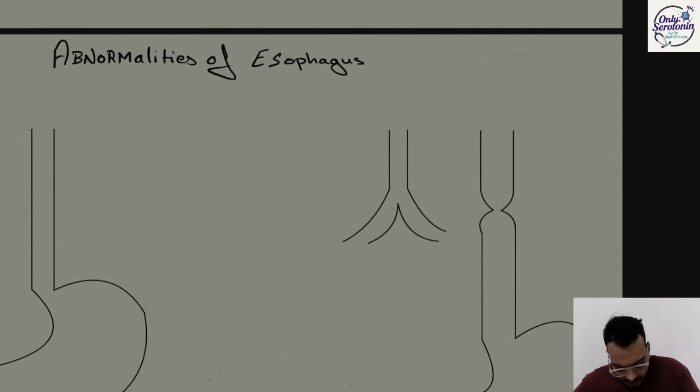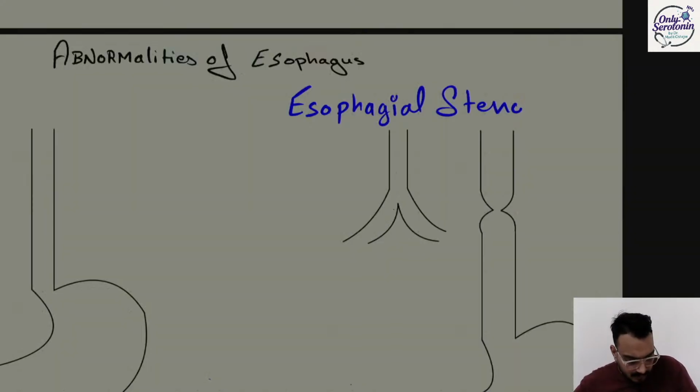Second one here is what, guys? It is your esophageal stenosis. Can you see this part here, guys? So my esophagus got constricted, and it is pathological constriction. It is not normal constriction, guys. Okay.